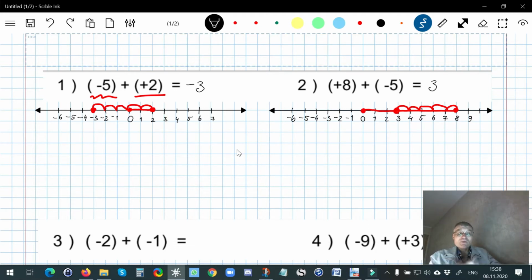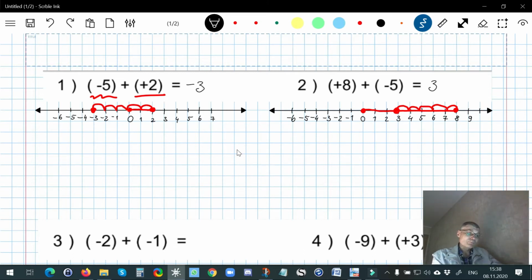It gives us 3, and we use this negative sign, because the negative part of our small exercise has a greater absolute value.